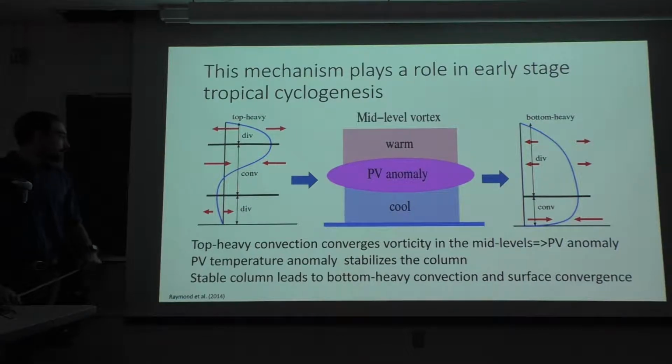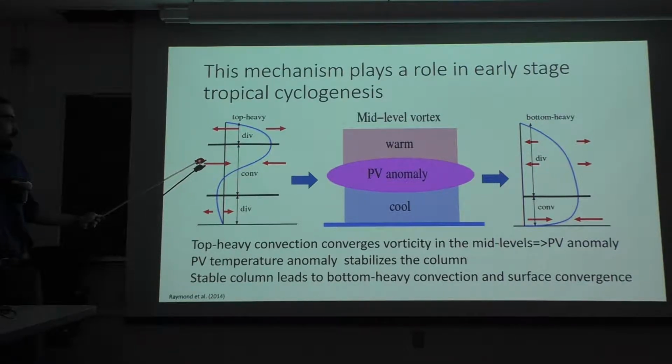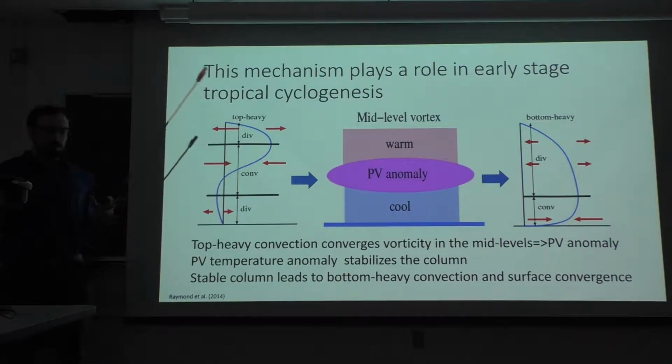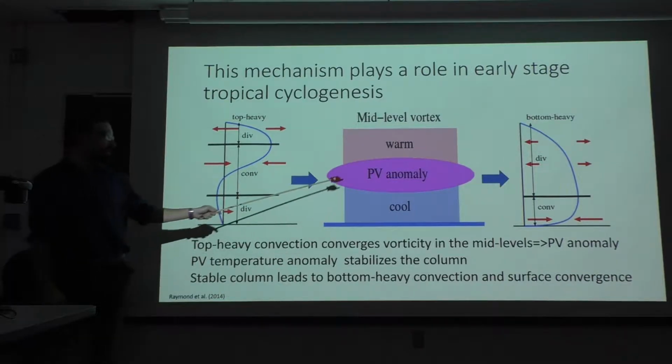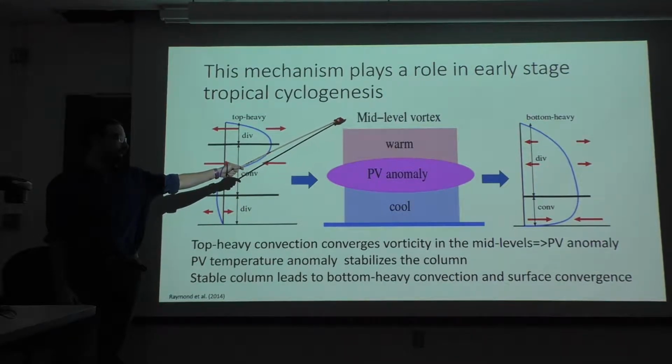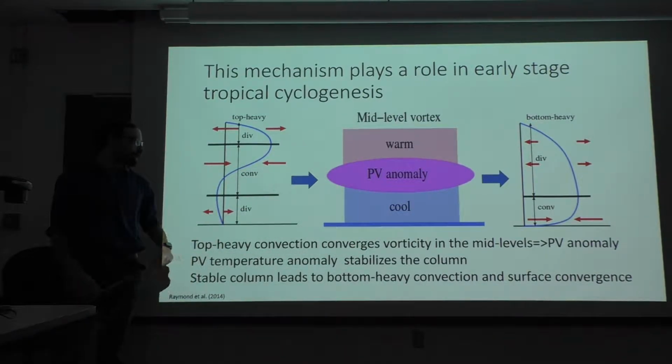Normally, what we see throughout the data in simulations is that we start with top-heavy profiles, which tend to have convergence at the mid-levels. This mid-level convergence brings together the vorticity in the area, creating a PV anomaly, and the temperature response of the PV anomaly is to warm the upper troposphere and cool the lower troposphere.